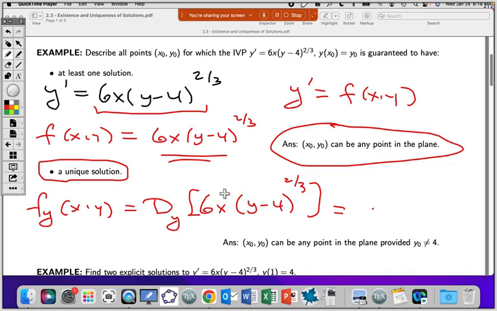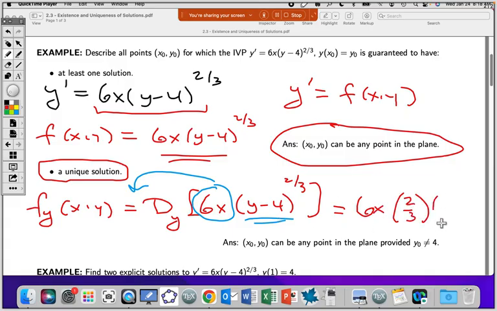So just as I could take the 6 out as a constant multiple, I can take that x out, and I'm really then just taking the derivative of y minus 4 to the 2/3 power. So I get 6x times 2/3 times y minus 4 to the what power, once you take that derivative?